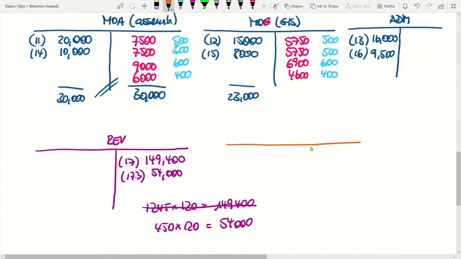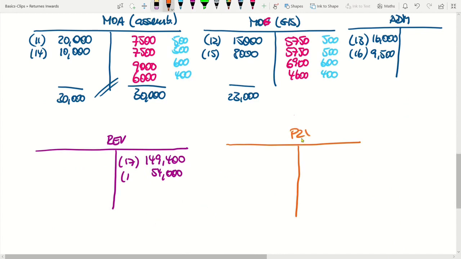Next, I record the profit and loss account, P&L, as it is the profit and loss account for the accounting period 2002. I record the revenue. So the revenue gives me in total 149,400 plus 54,000. It's 203,400. I have to deduct the cost of sales.